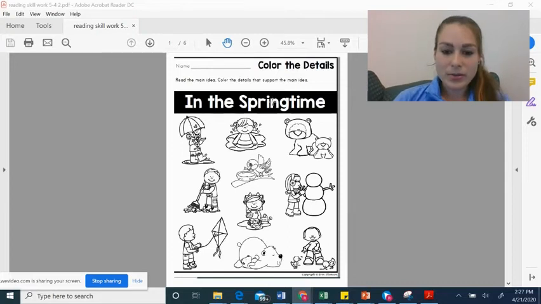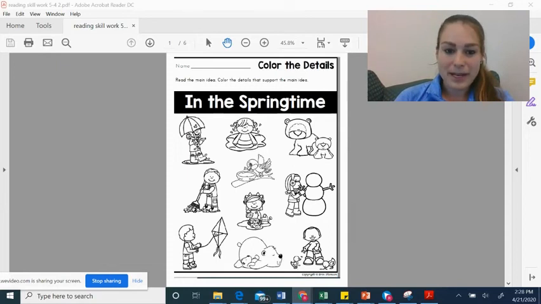So you're going to look through these pictures and decide, does this support it being springtime? So if I look at this picture of the little girl building a snowman, would that be something that supports springtime? No, probably not. That would be better suited for a winter page. Okay. So again, you're going to look at all these pictures and decide whether they'd be for springtime or maybe a different season.